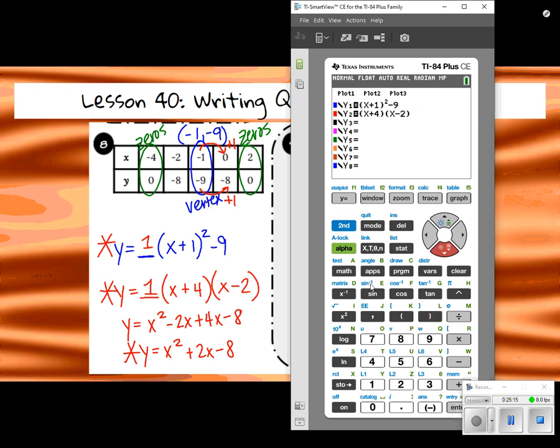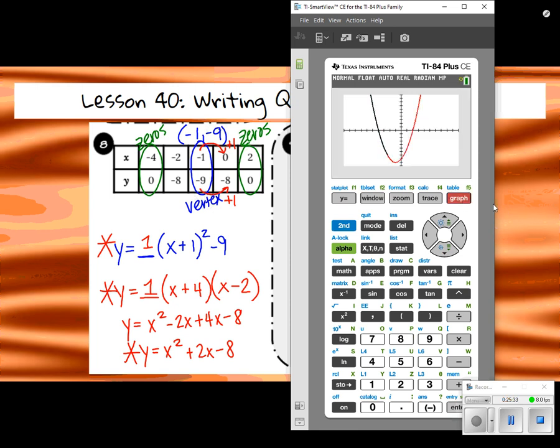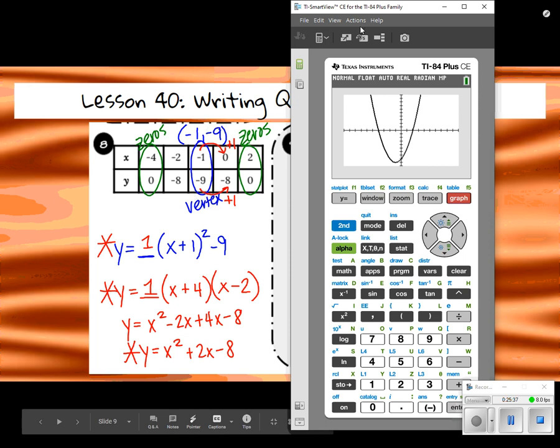And then I can do the x squared plus 2x minus 8. So if you have these different forms, you can check if you're supposed to write it in vertex form, from vertex to standard or standard to factored or something, you can use this to help you. All right, we're going to graph. 1, 2, 3. Woo! So I have 3 forms for this table, and all 3 of them match.